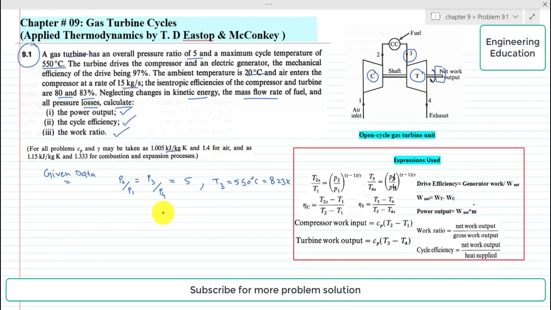Mechanical efficiency is 97%. This is basically the drive efficiency. The ambient temperature, which is T1, is 20 degrees centigrade, and if we convert it to Kelvin it will become 293 Kelvin.